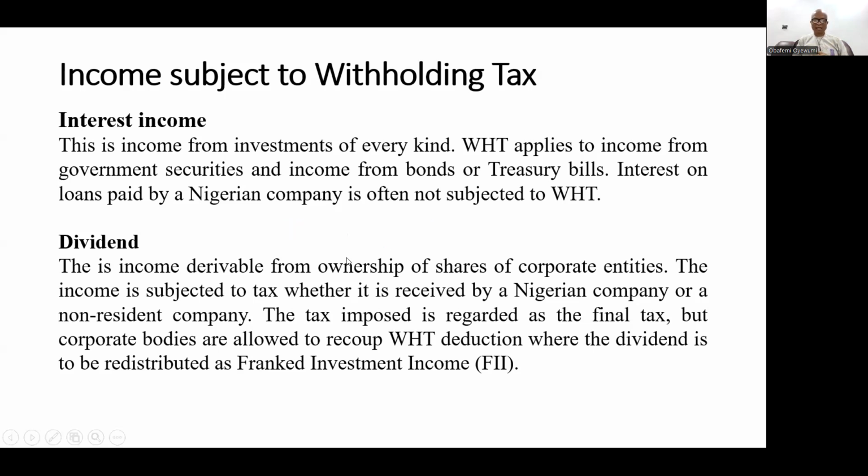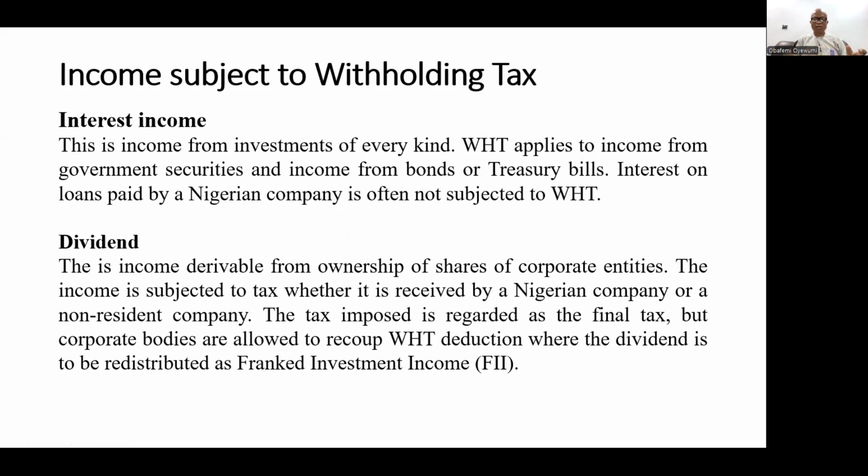Let's talk about dividends. The next one is dividend. What is dividend? Dividend is income derived from the ownership of shares of a corporate entity. So when you part-own a company and they pay dividends to you, that dividend would definitely suffer withholding tax.